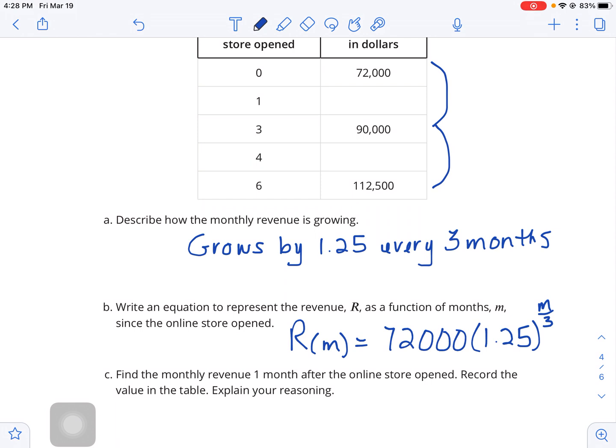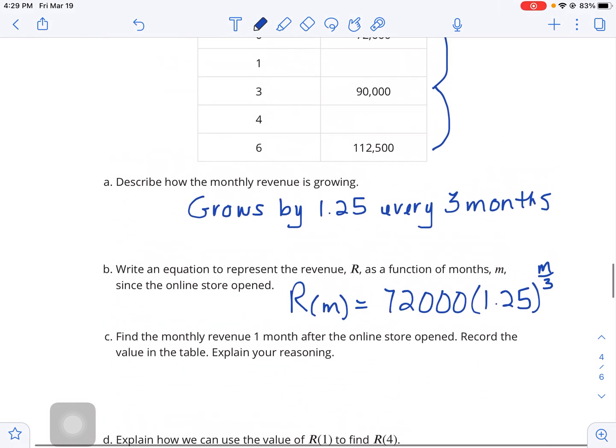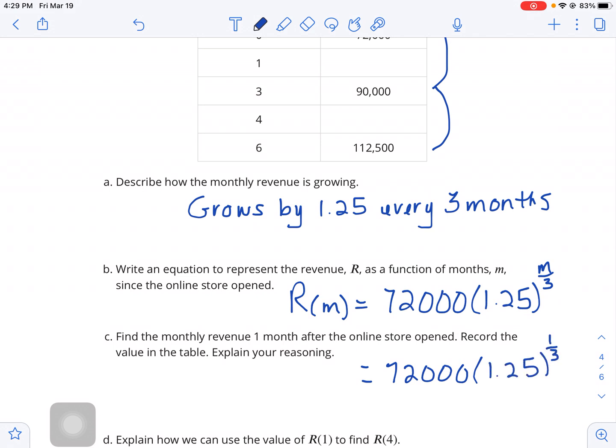and then multiply by 1.25 to the m divided by 3, because then after 3 months it would be 1.25. And then we want to find the monthly revenue 1 month after its online store opened. So now if we take 72,000 times 1.25 to the 1/3, that would be R of 1.